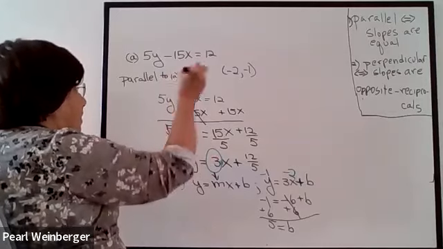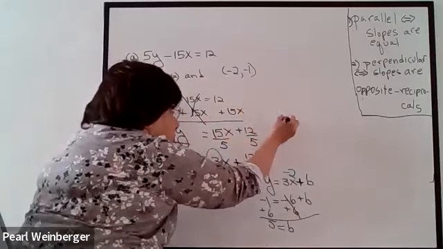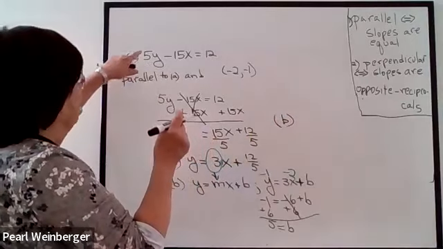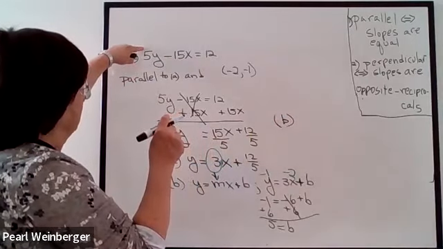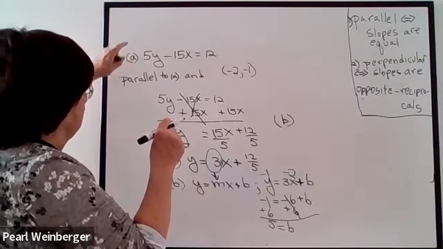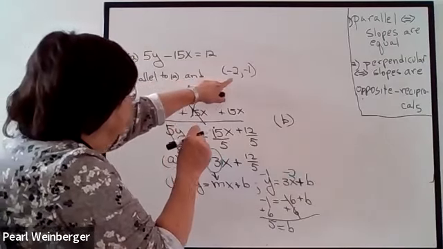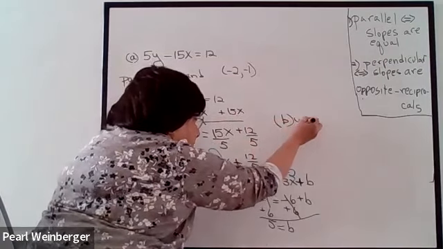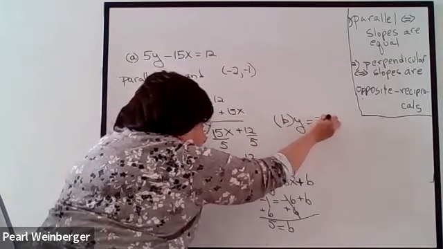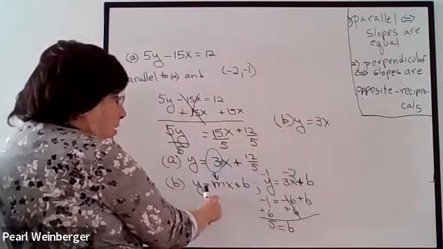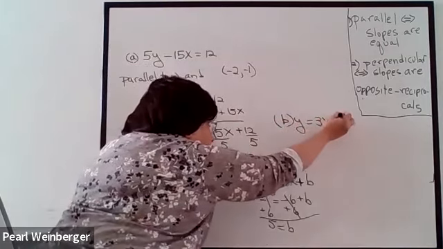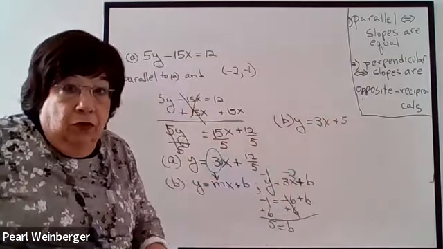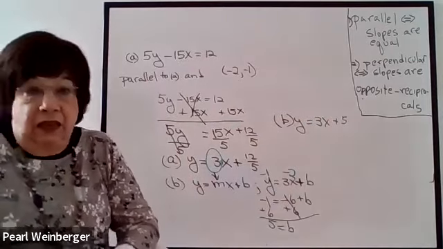So the answer to the question, what is the equation of the line that's parallel to 5y minus 15x equals 12 and going through the point (-2, -1), is y equals 3x, because the m we know is 3, plus 5, because the b is 5. Once I have the m and the b, I can put it all together to get the answer.